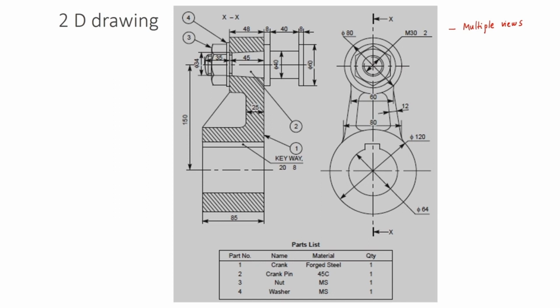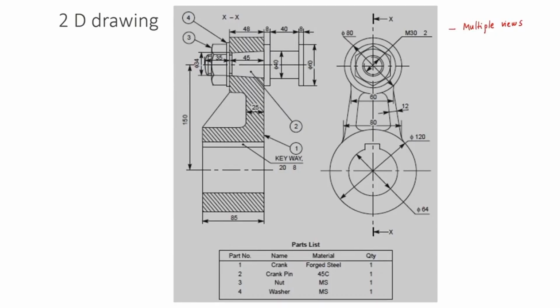It's not possible to communicate all geometric information about the product by giving only one view. So for manufacturing, we should have multiple views, and that is the characteristic of the 2D mode of modeling.